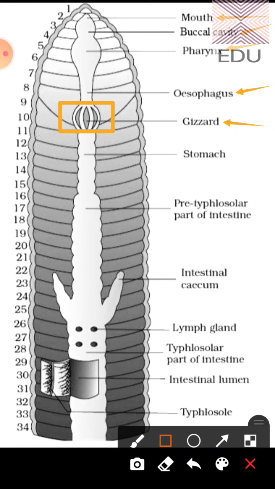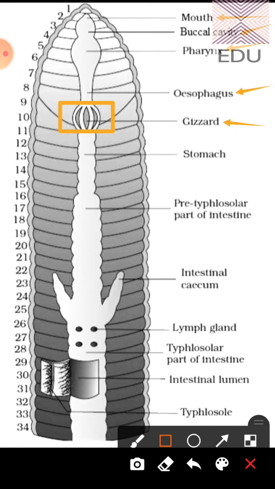As we all know, the earthworm takes in sand particles, clay particles or debris along with the food. So that's why we need a gizzard here to crush all the materials. This is a hard oval sac with a thick muscular wall, lined by cuticle, and it crushes the food into smaller parts.